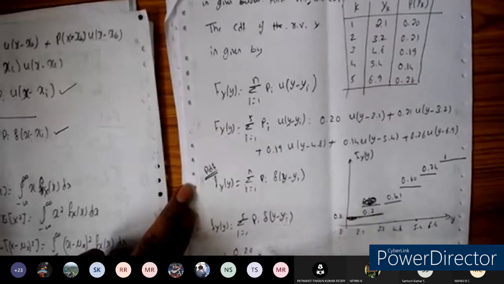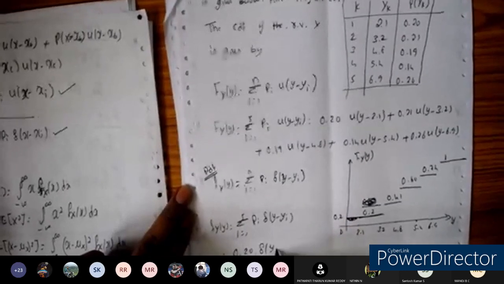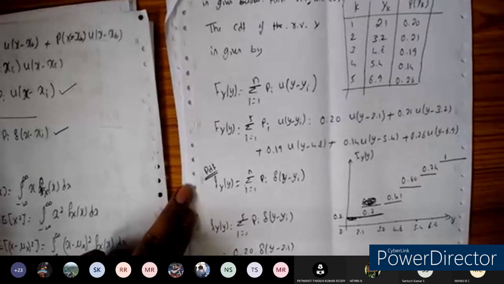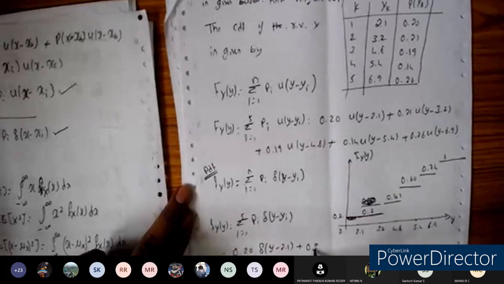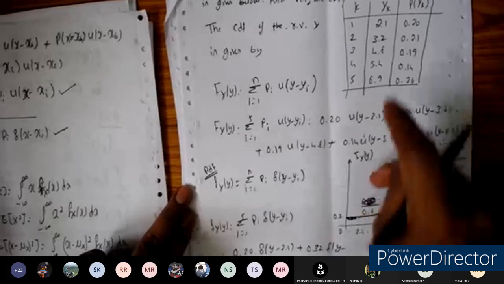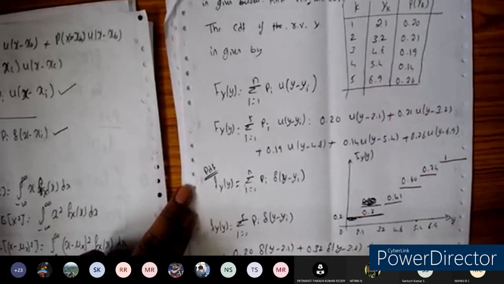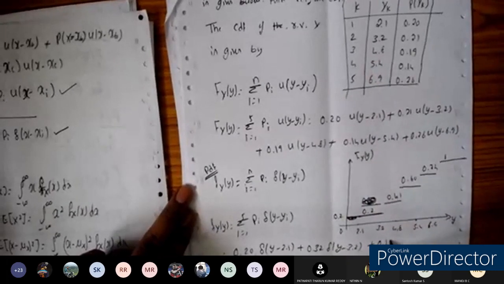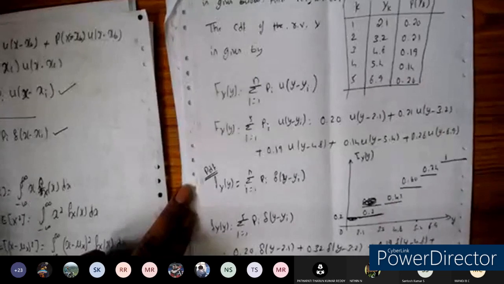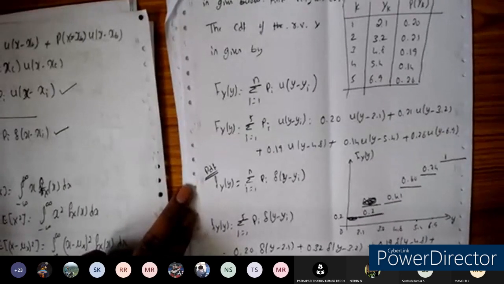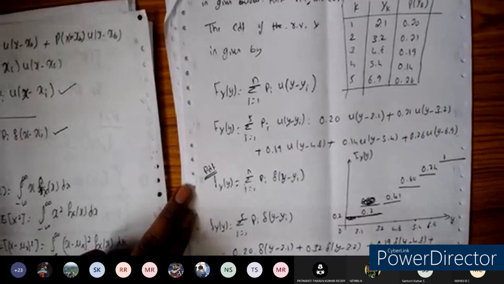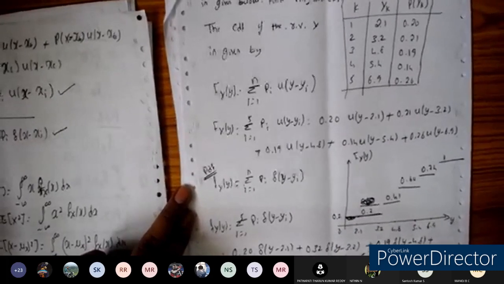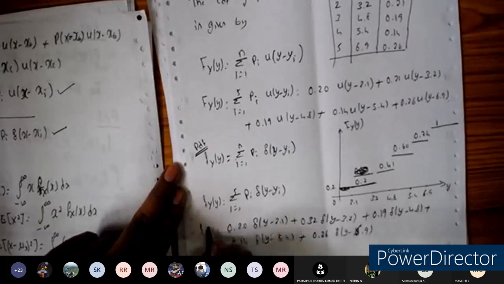For i equal to 1, it is 0.20 into delta of y minus 2.1, plus, for i equal to 2, 0.32 into delta of y minus 3.2, plus, for i equal to 3, 0.19 into delta of y minus 4.8, plus 0.14 into delta of y minus 5.4, plus 0.26 into delta of y minus 6.9. So this is the PDF we get here.